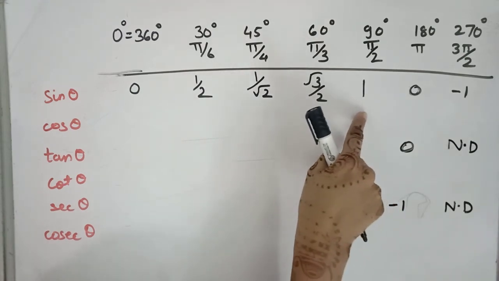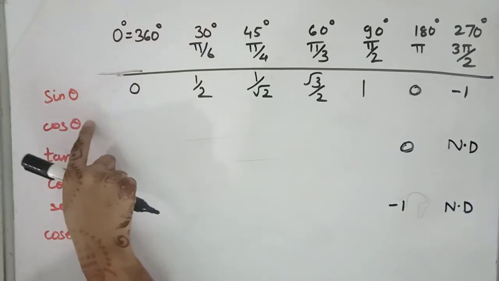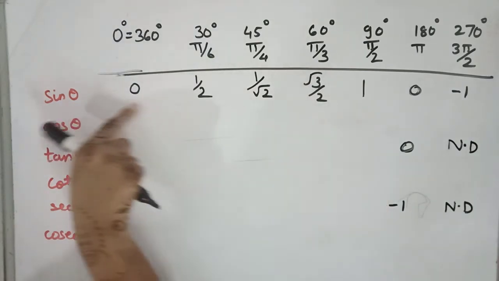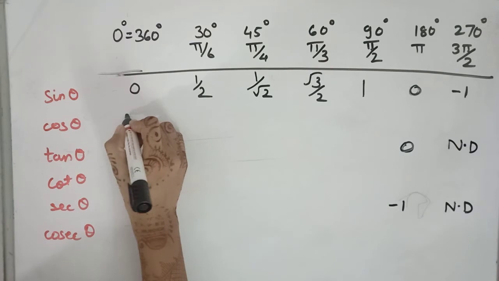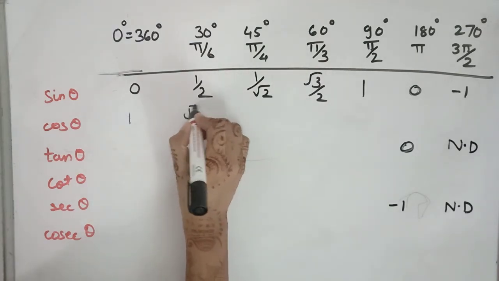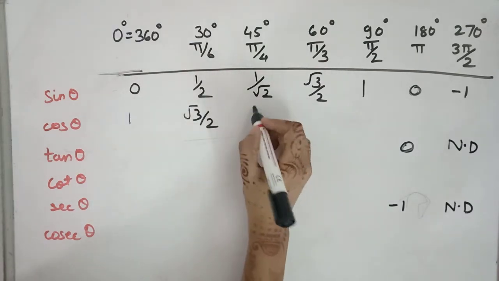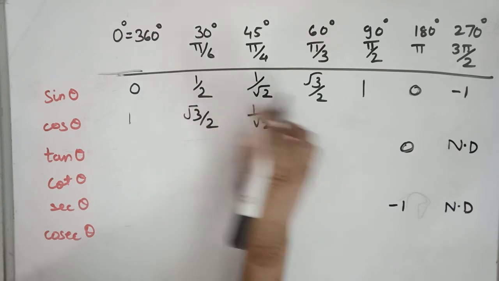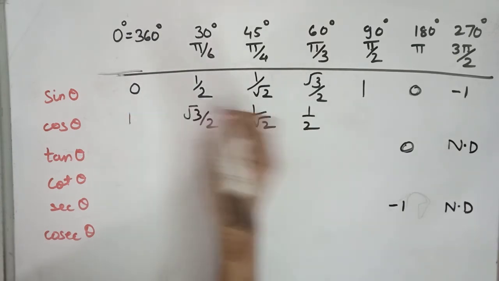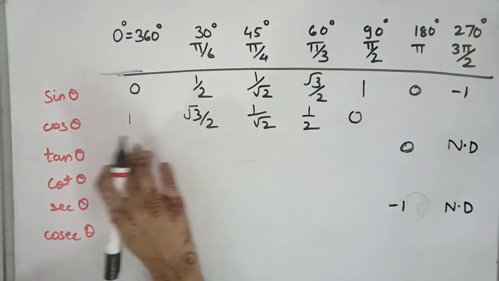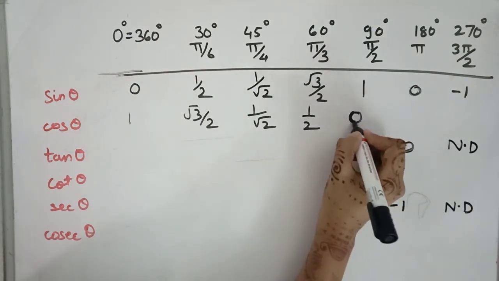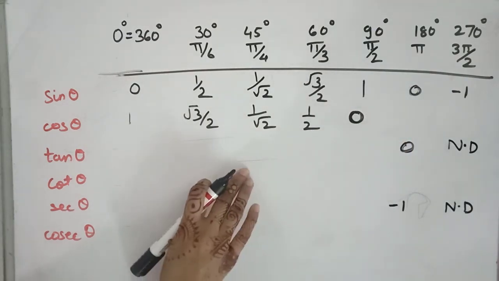Now you just have to reverse these values to find the cos theta: 1, root 3 upon 2, 1 upon root 2, 1 upon 2 and 0. So this will be our cos theta.